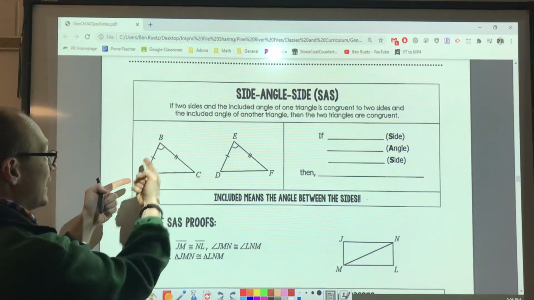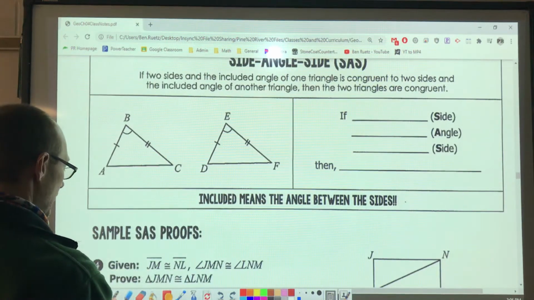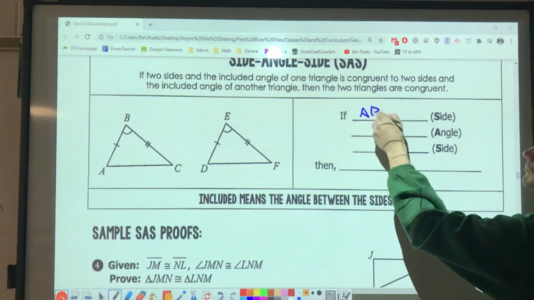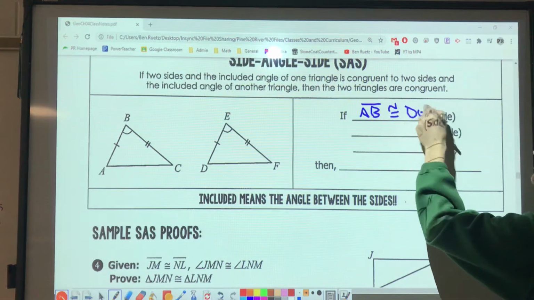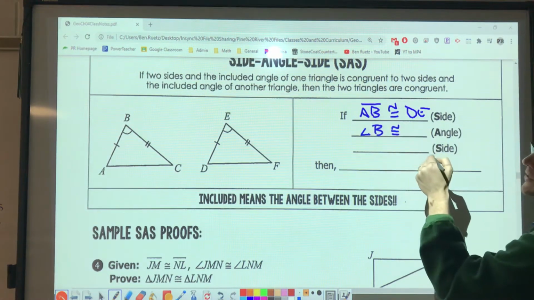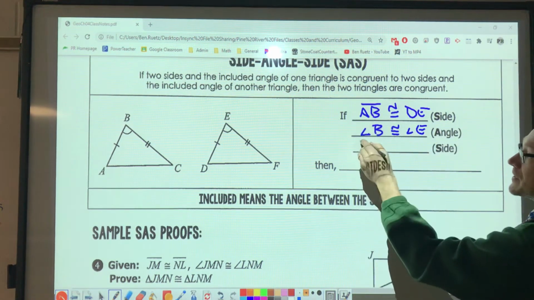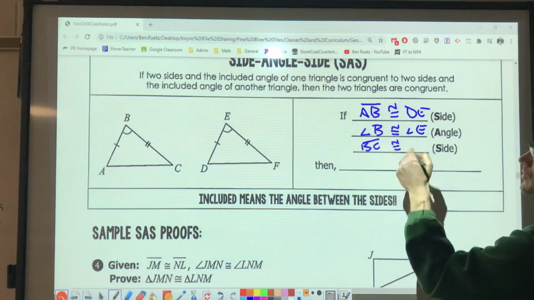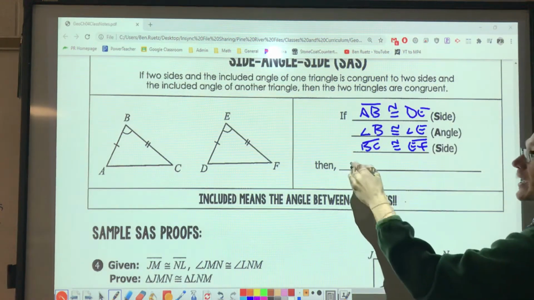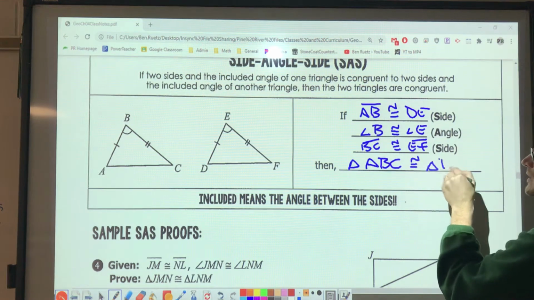If side AB is the same as side DE, if the angle B is congruent to angle E, and if side BC is congruent to side EF, then the two triangles themselves are congruent. Triangle ABC is congruent to triangle DEF.